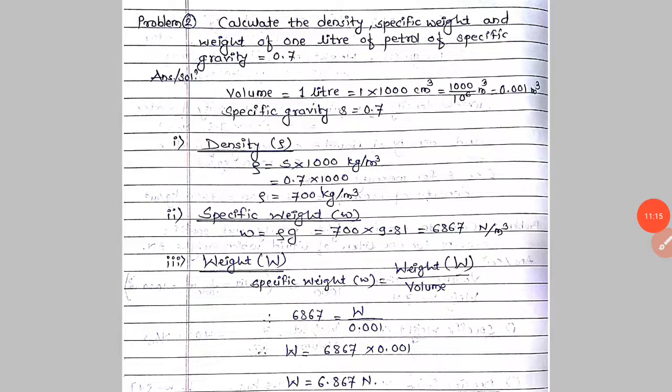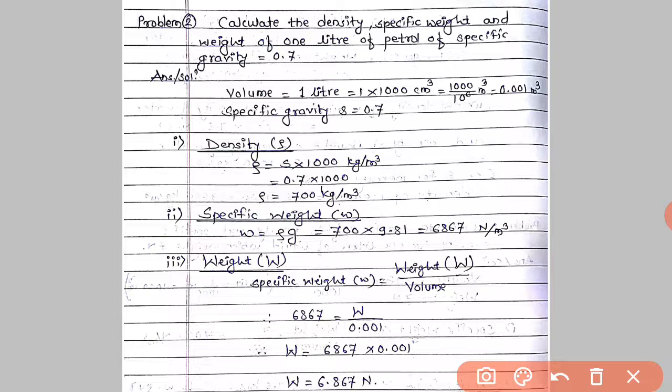Now see the second problem. Calculate density, specific weight and weight of 1 liter of petrol of specific gravity 0.7. Here, what is given? Petrol with volume of 1 liter and specific gravity 0.7.